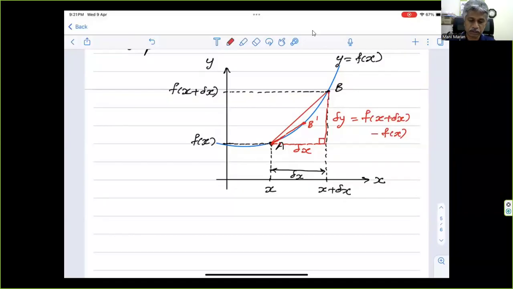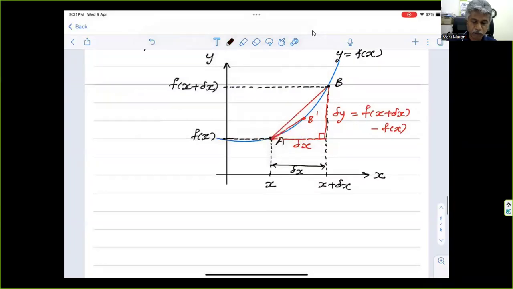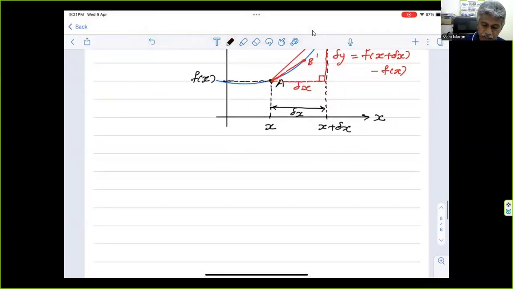Okay, if it sounds complicated, don't worry about this. What we want to know is the gradient of the curve.